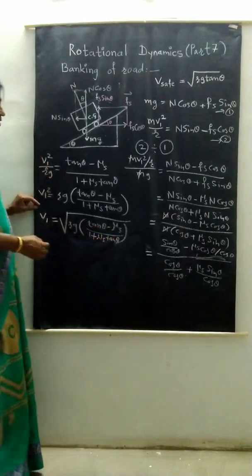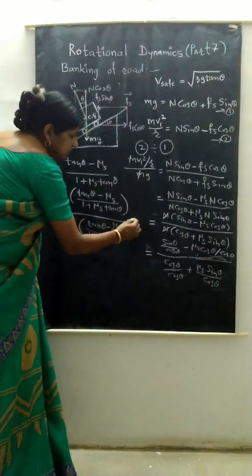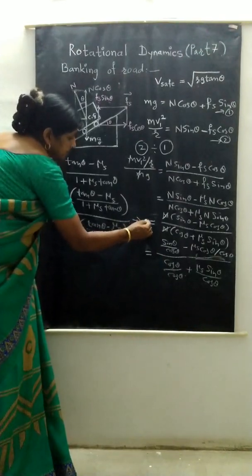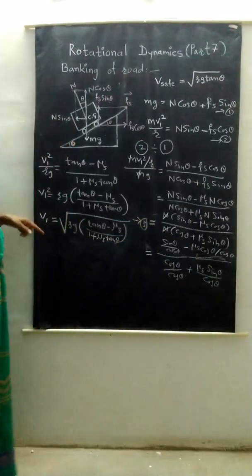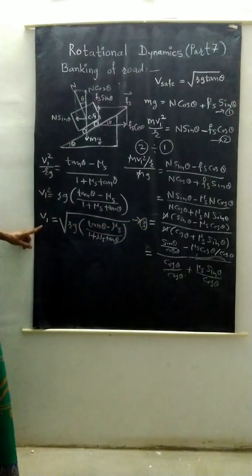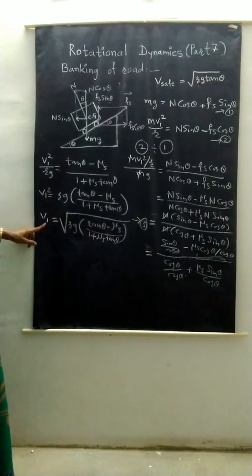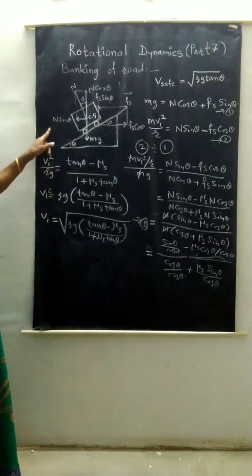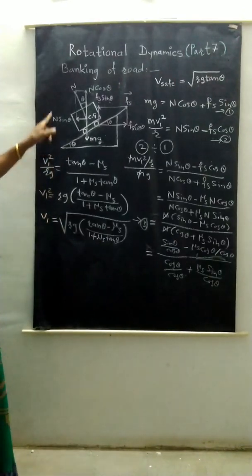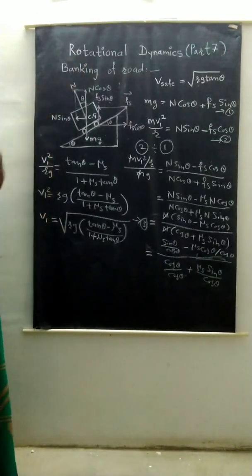So this equation now gives us the lower speed limit, that is the minimum speed with which we can safely drive the vehicle on bank road.